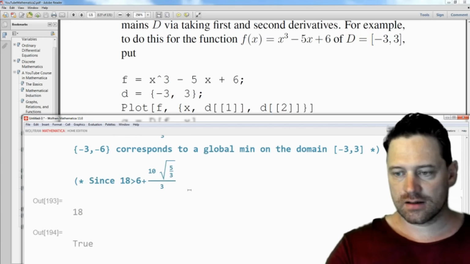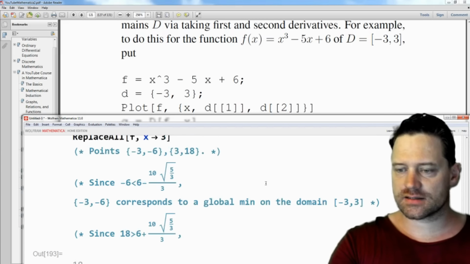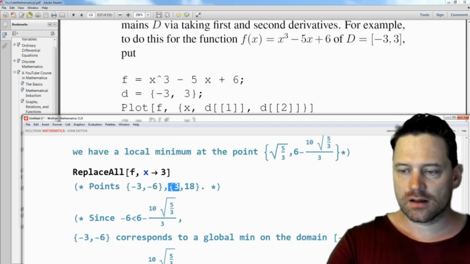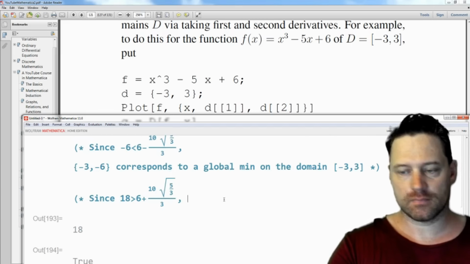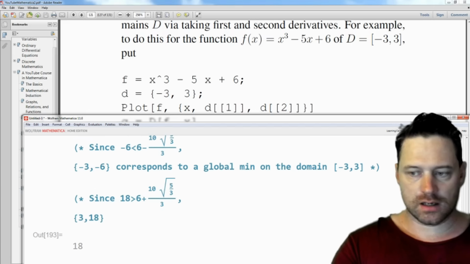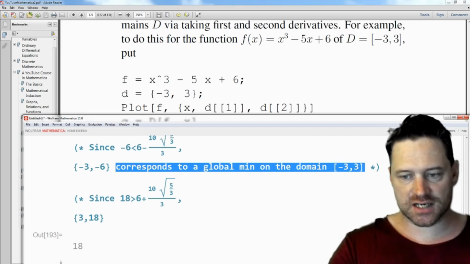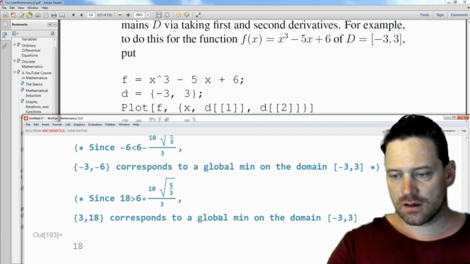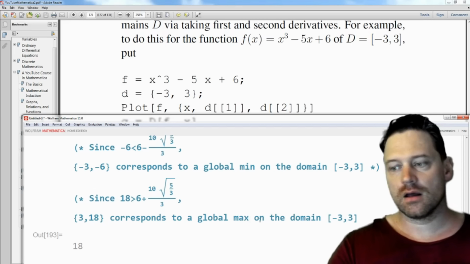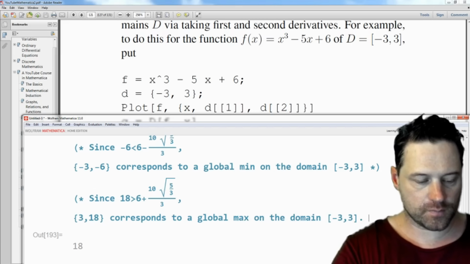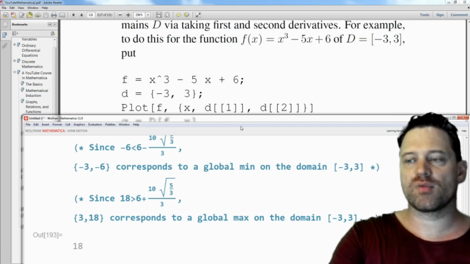Since this number is greater than this one, we see that this point 3, 18, and I can just copy this because I'll change just a few things, corresponds to a global maximum on this domain. All right, and we've basically solved that problem.